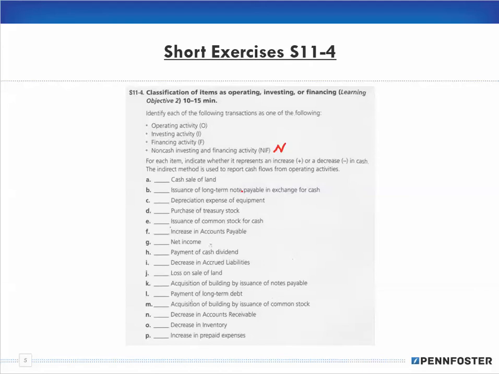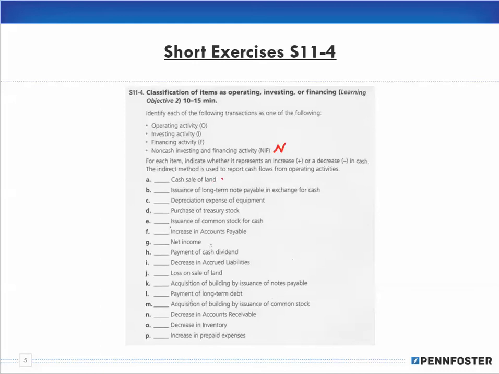And it sort of gave a template showing the statement of cash flows and the increases and decreases for the various adjustments. Looking at those templates, that exhibit would come in handy right now in trying to answer these questions. Okay, so we have a cash sale of land, right?